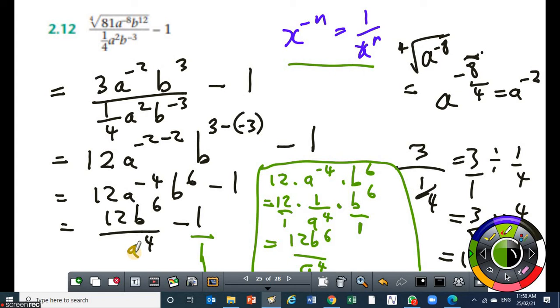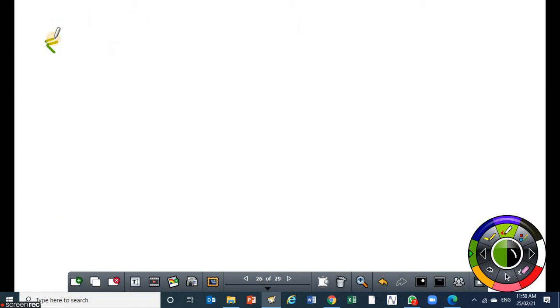A to the power of 4. So I can multiply this minus 1 by a to the power of 4 over a to the power of 4. If I do that, on the next page, I'll get 12b to the power of 6 minus a to the power of 4, all over a to the power of 4.